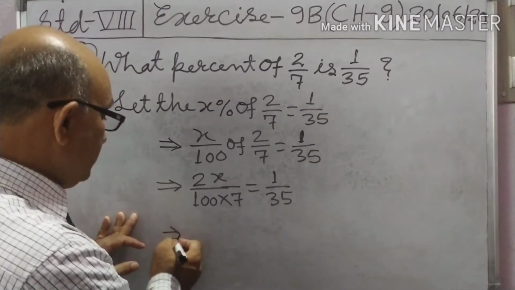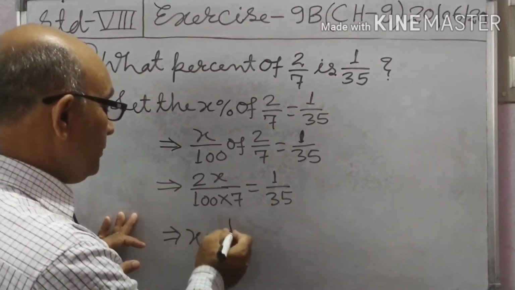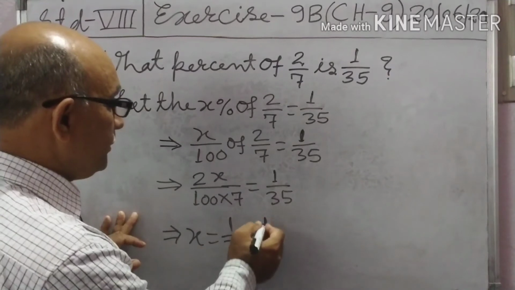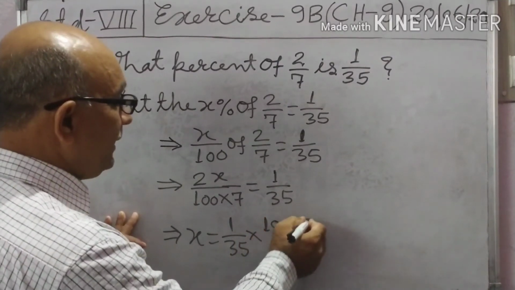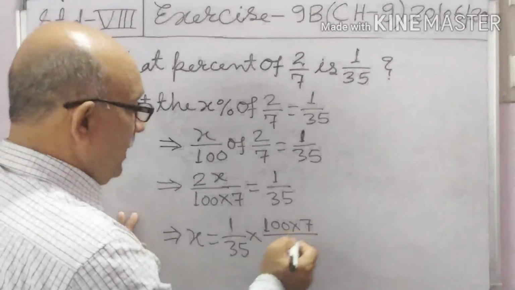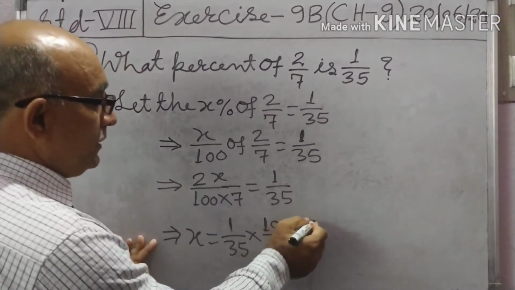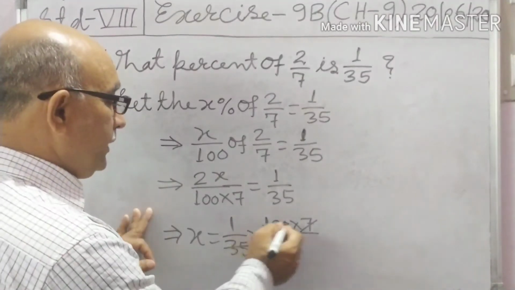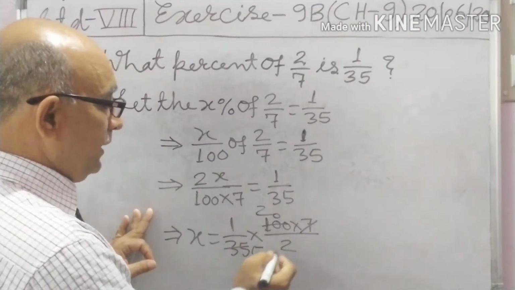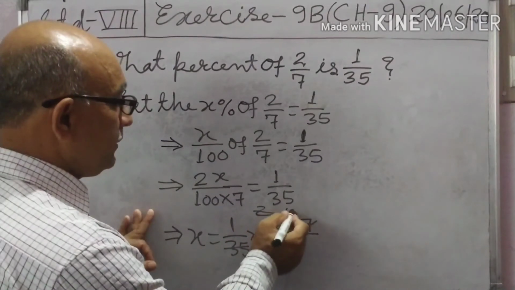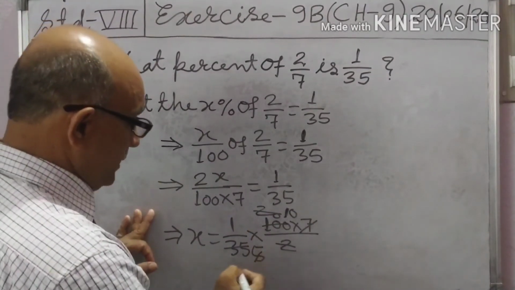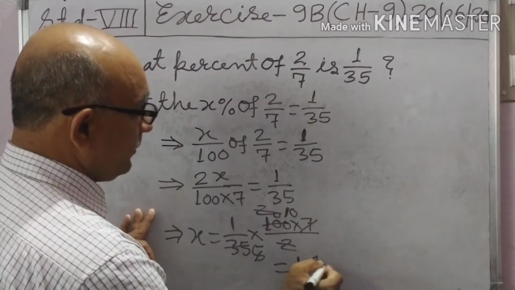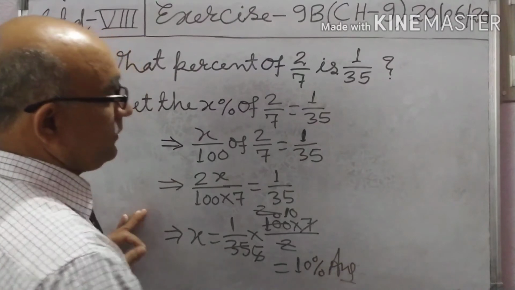So that implies x equal to 1 by 35 into 100 into 7 by 2. Now cancel it. 7 5s are 35, 25 4s are 100 and 10 2s are 20. So the answer is 10%. What percent? Then 10%.